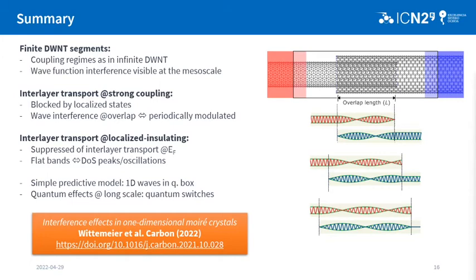Which of the details of the results that you showed us depend crucially on a proper DFT description of the electronic states, rather than just some very simple tight-binding picture?